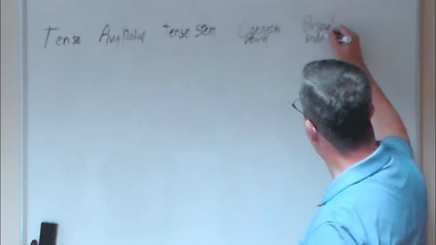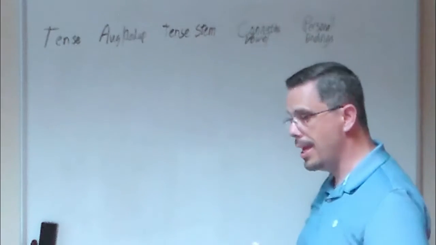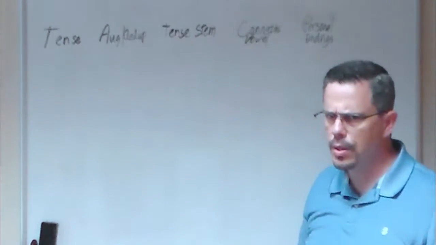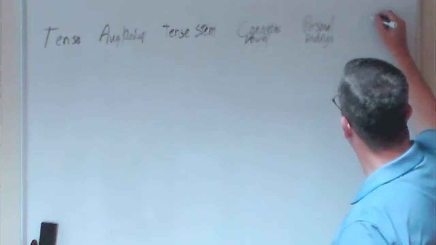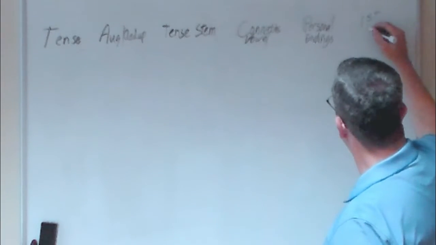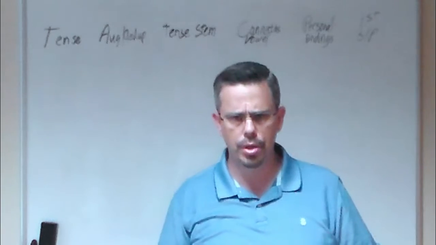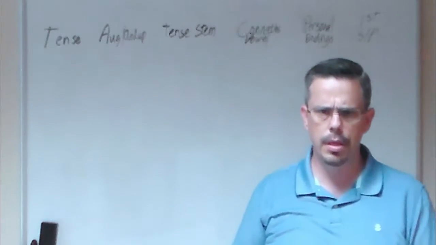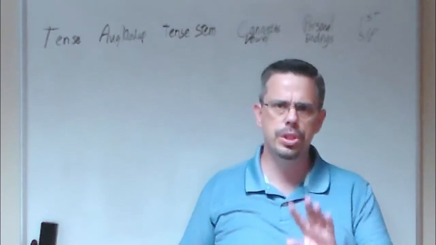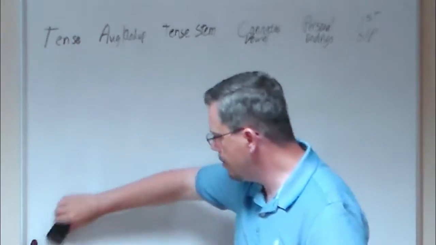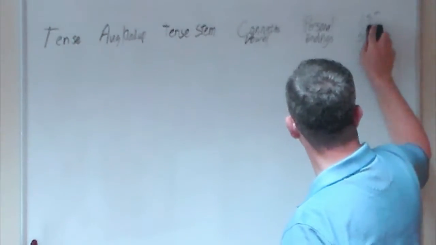Which one of the quadrants are you borrowing the endings from? And then finally we put the first person. Sometimes having both singular and plural helps, but we'll just keep it as first person singular.